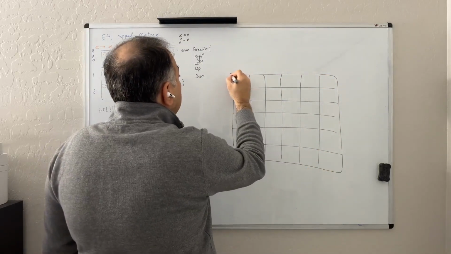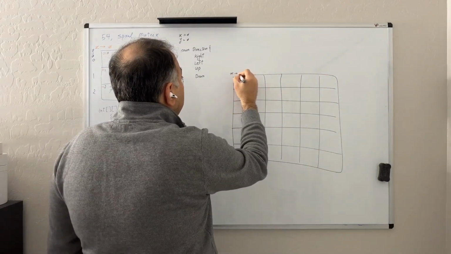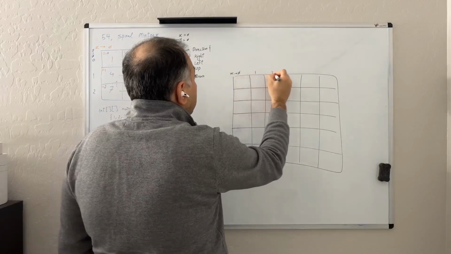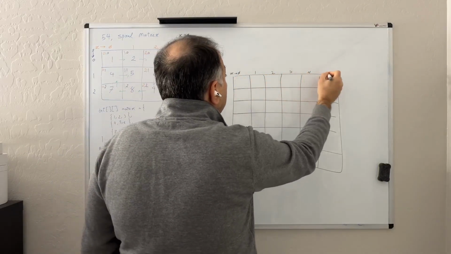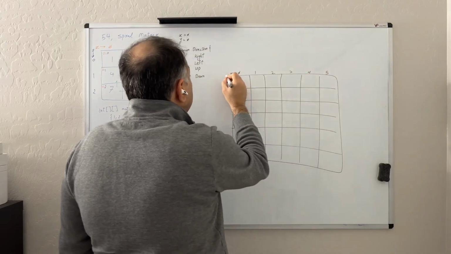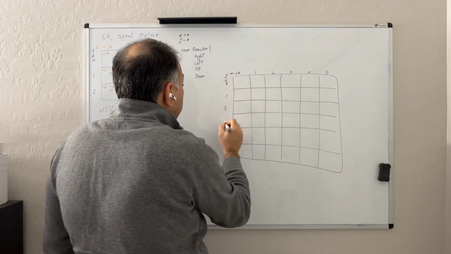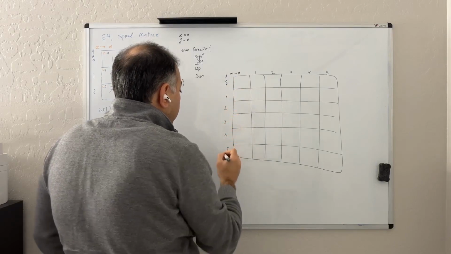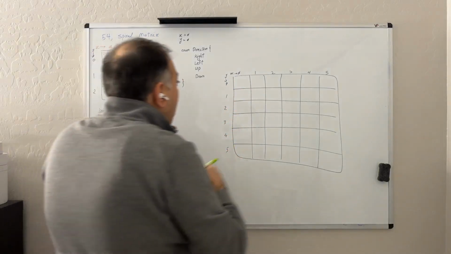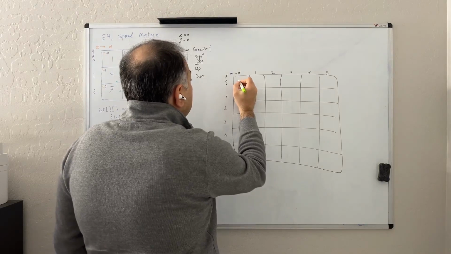If this one is the x, starting from 0, 1, 2, 3, 4, 5, and this one is y, 0, 1, 2, 3, 4, 5. I'm going to start from this element.